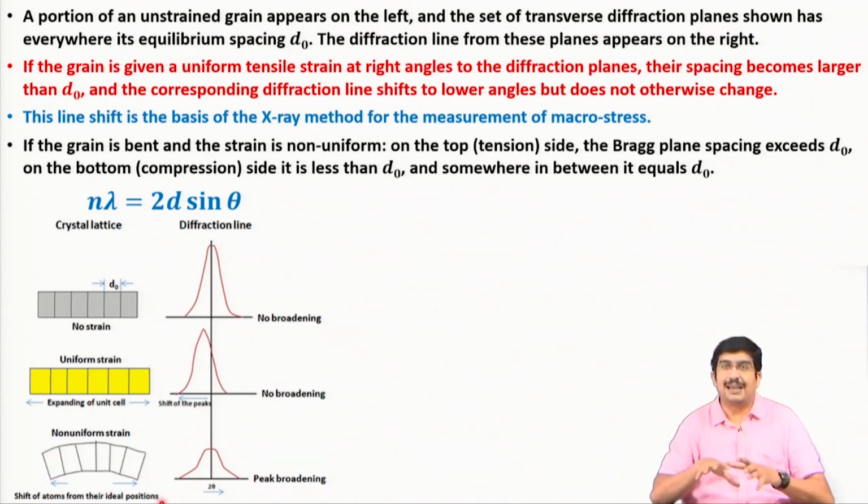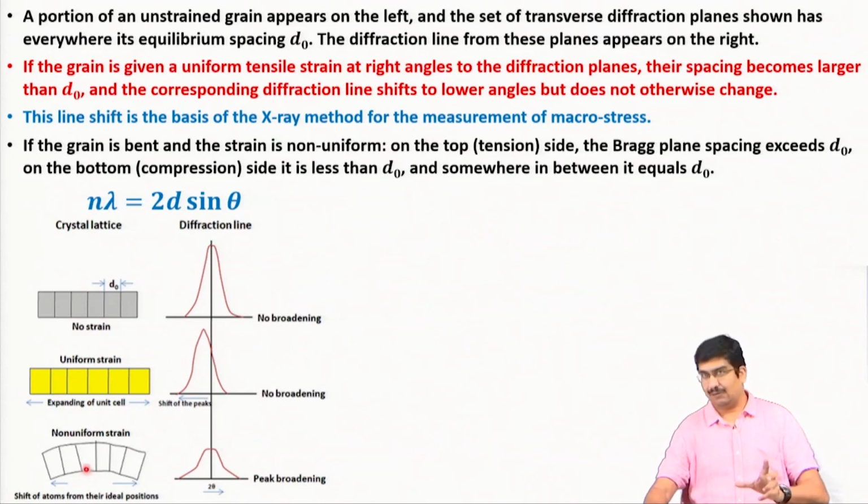So, within the same material, within the same crystal, if we imagine this to be one single crystal or a grain, whatever, then within the same grain or same crystal, we are getting now two different regions where one is a tension, one is a compression, and the tension and compression is also constantly varying with distance.